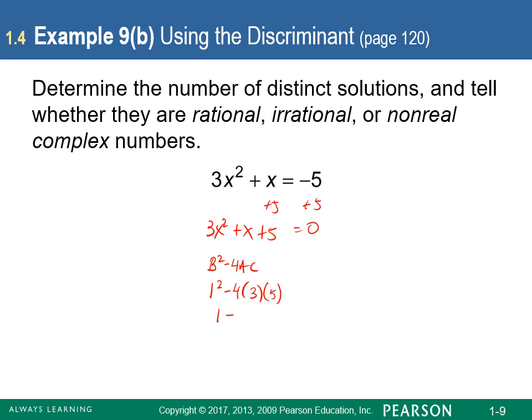I think that's a 60, or negative 59. Now, if the discriminant is negative, then we have complex, because we're doing the square root of a negative number.